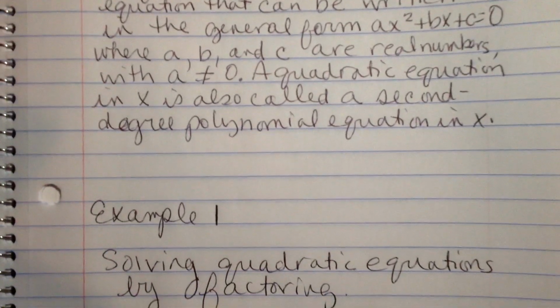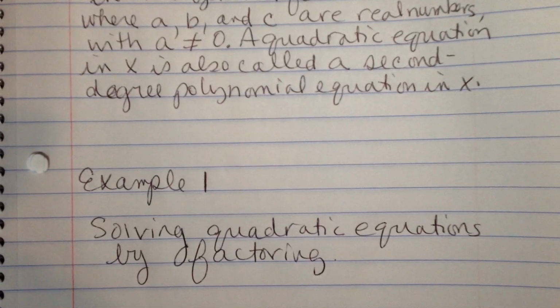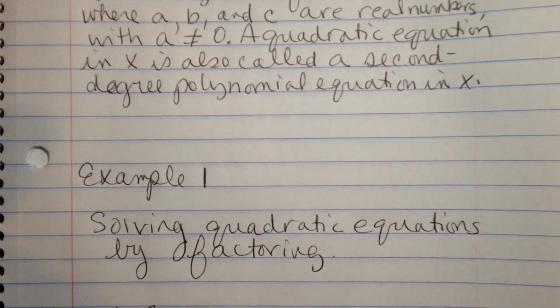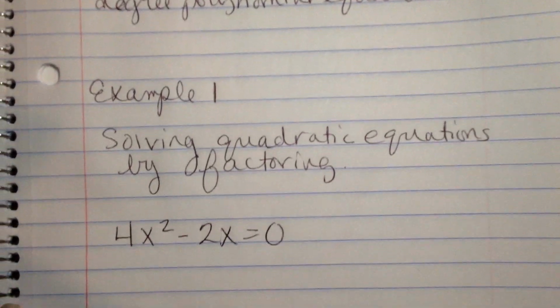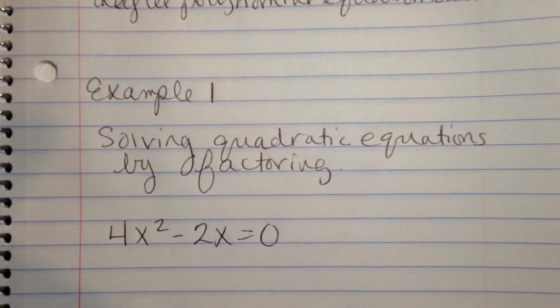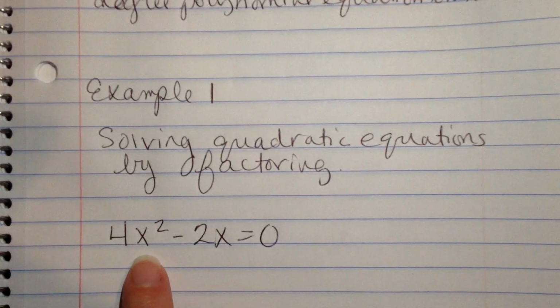Looking at our first example, again, we're going to be solving quadratic equations by factoring. There are several ways to solve quadratic equations, but the first method we'll be using is solving quadratic equations by factoring. Looking at this quadratic equation, 4x squared minus 2x equals 0, notice my highest exponent of my variable is squared.